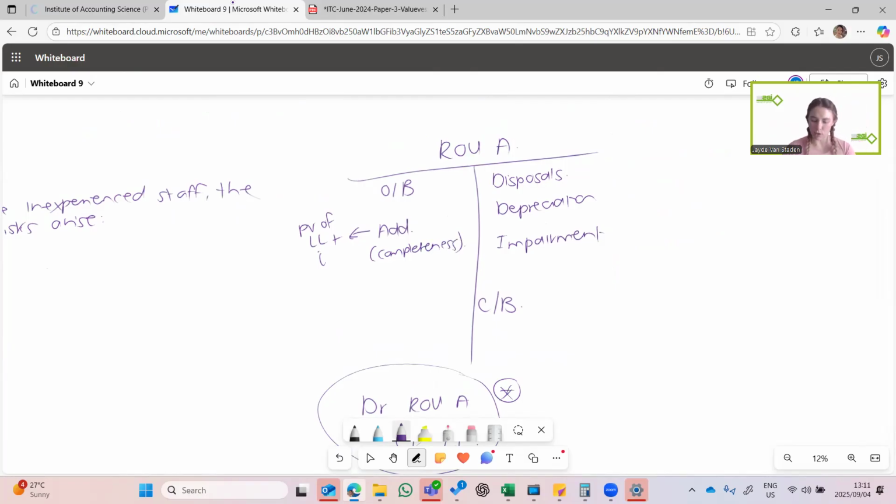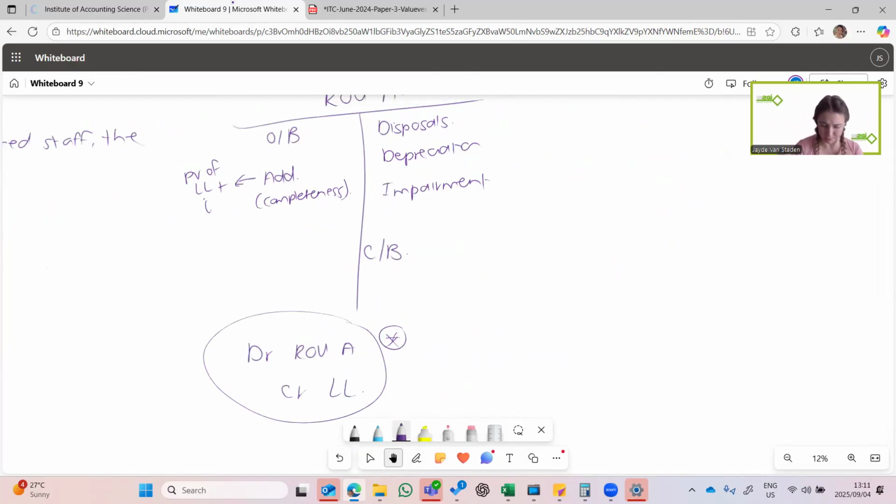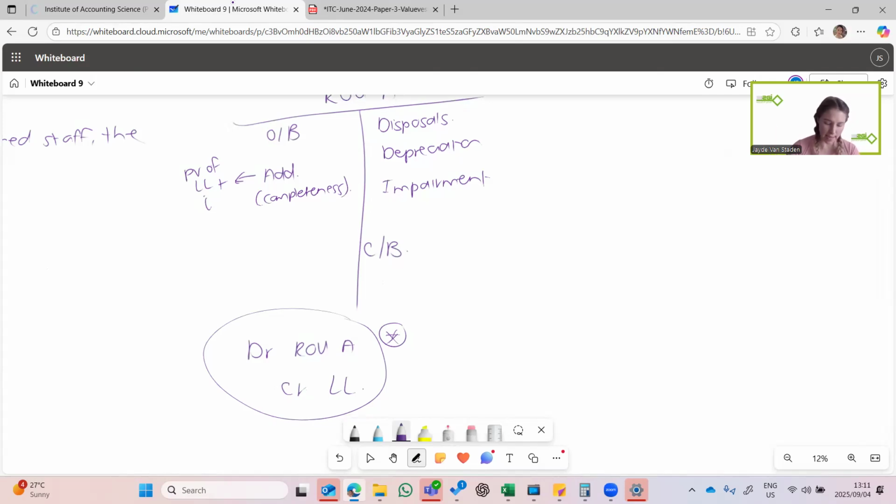Let's think about the disposals. With the disposals, maybe the lease has ended. So we debit the lease liability and credit right of use asset. I might be wrong here, very likely. But essentially we need to remove whatever's left of that right of use asset. We don't know if it was terminated early, so the journal entry might look slightly different.